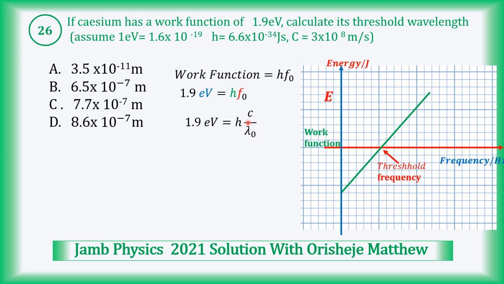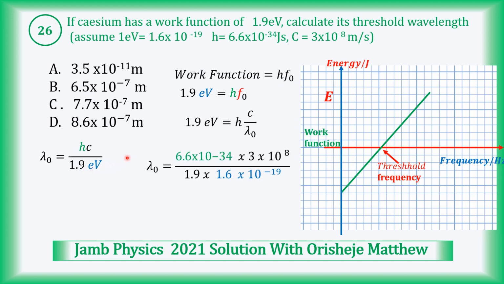So from here we can make lambda the subject of the formula. The threshold wavelength is equal to Planck's constant multiplied by the speed of light divided by the work function. Substitute your values based on the color coding, and that gives us 6.5 times 10 raised to minus 7. So the answer is B.